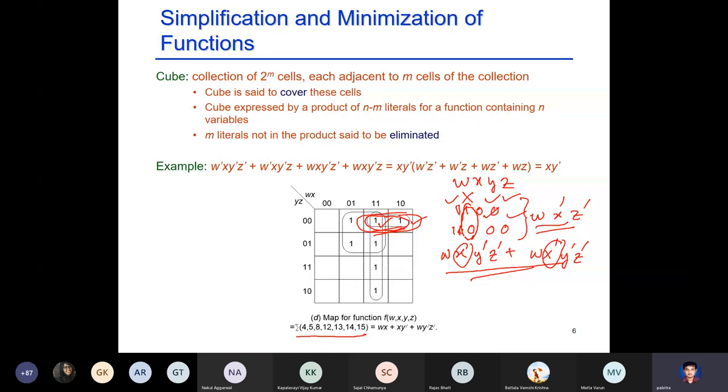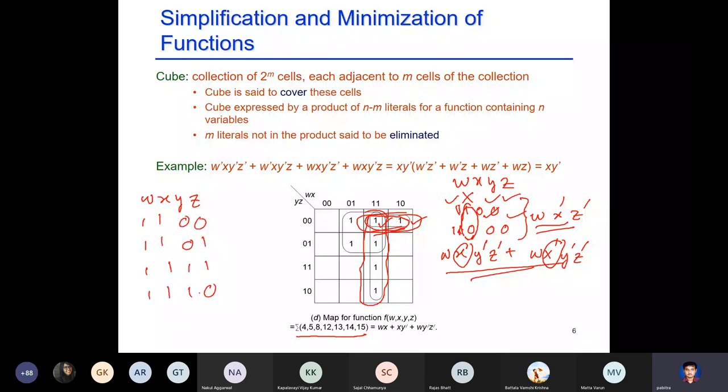So you see, this part is completely varying, in the sense that Y and Z vary, and these two are constant. So I will reduce it to only W X. If you write down this minterm plus this minterm plus this minterm plus this minterm, because they are covered by this cube, they can be reduced to this. And since this is of size 2 to the power 2, two variables are eliminated.